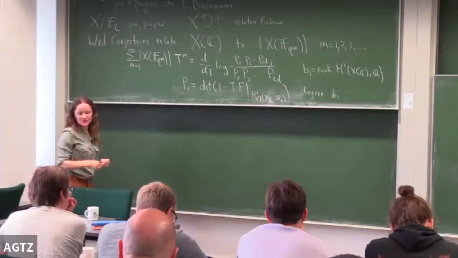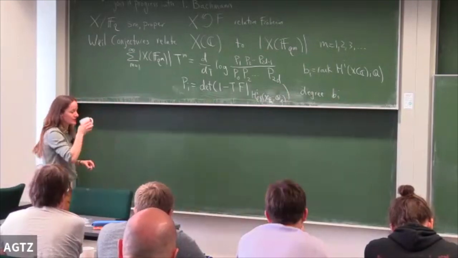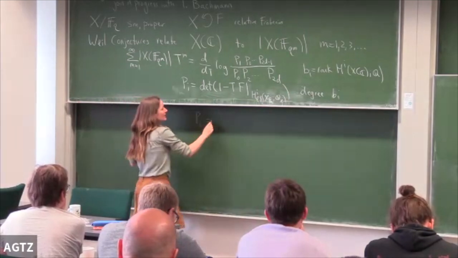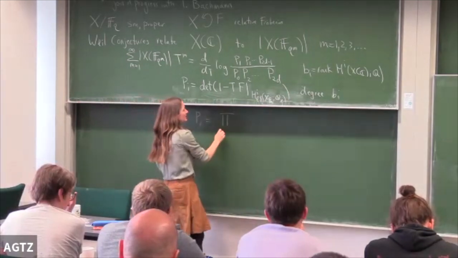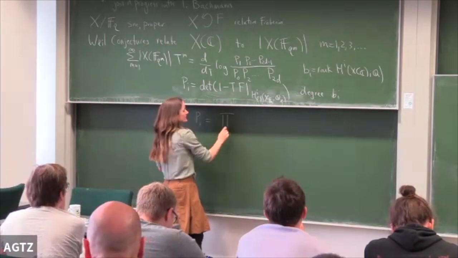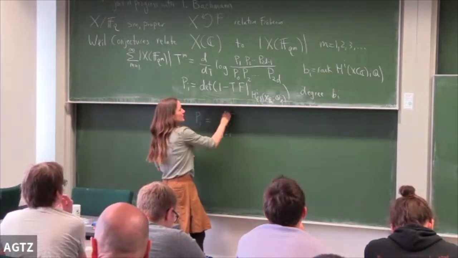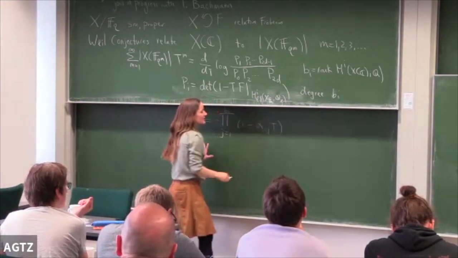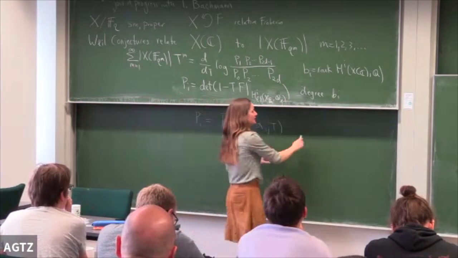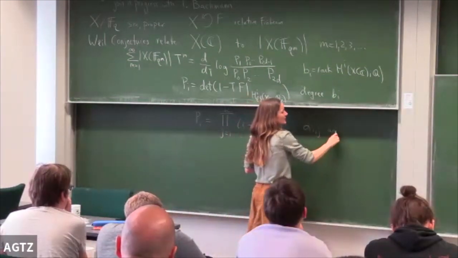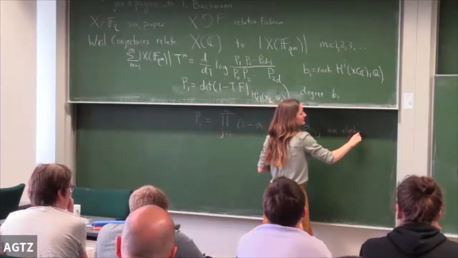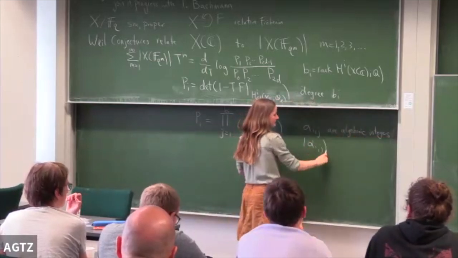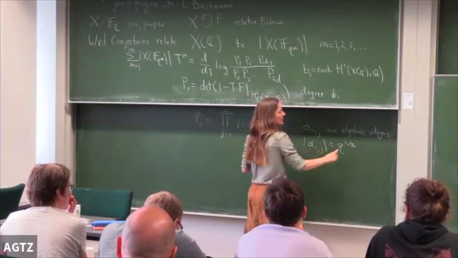Moreover, the absolute value of these, it's the inverse roots. So p_i is a product over some roots, and let's actually make them these inverse roots, (1 - alpha_ij t), where the alpha_ij are algebraic numbers of absolute value q to the i over 2.